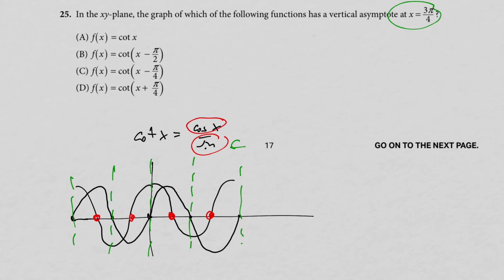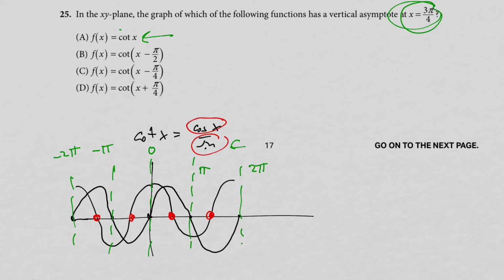So regular cotan, we're checking if choice A is right. Regular cotan has asymptote at 0, at pi, and at 2 pi, and at negative pi, and at negative 2 pi. So it doesn't have a 3 pi over 4.